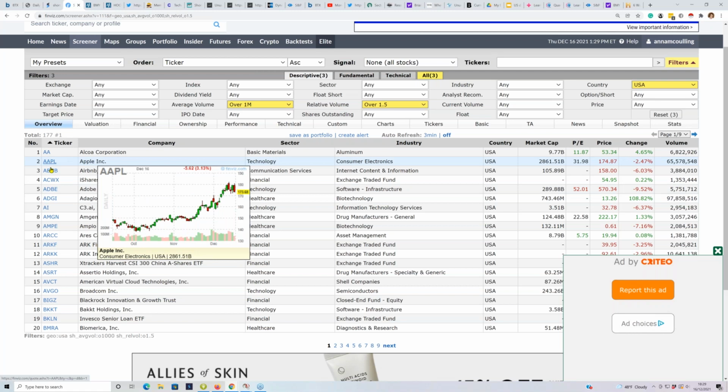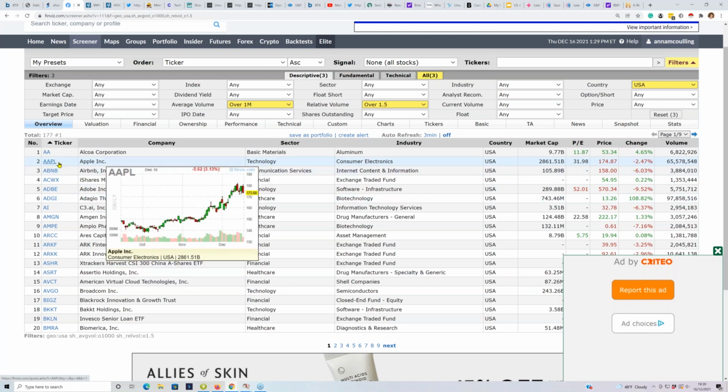Now you think, oh, they're two big numbers, but you have to bear this in mind. Is 65 million typical for Apple? Is it high? Is it medium? Is it low? Because there is a statistical element to volume as well, which will help you to determine whether the volume bar you're looking at is high, medium, or low.